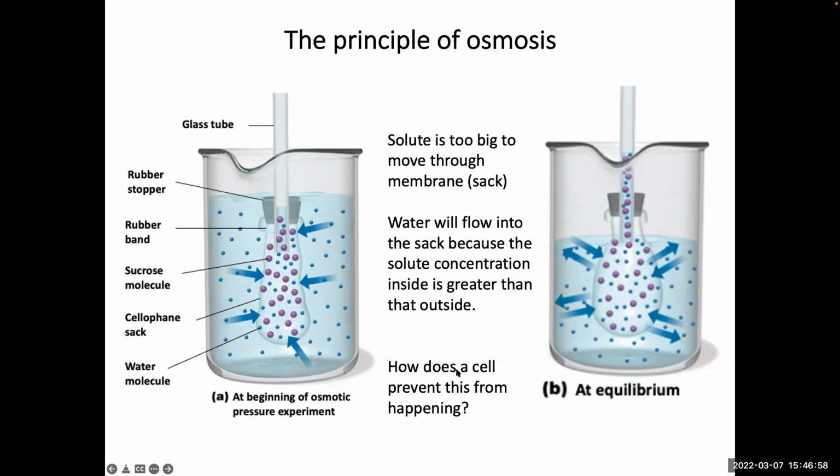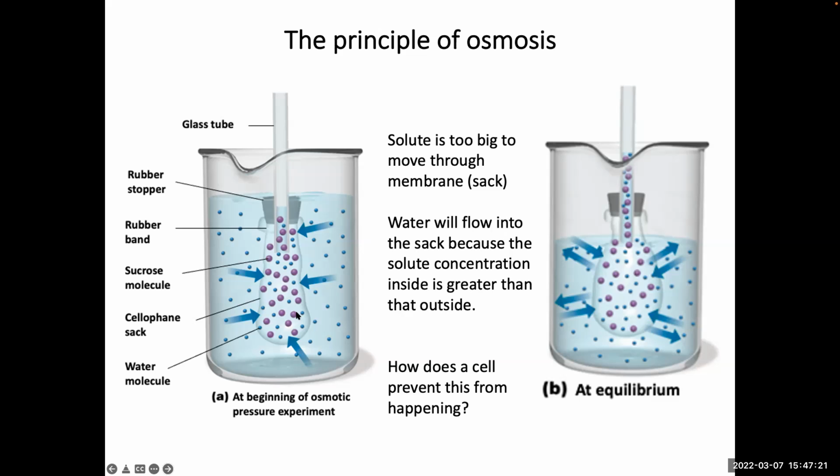Okay, so water will flow into the sac or bag because the solute concentration inside is greater than the solute concentration outside. So we would say that this solution is hypotonic, right?